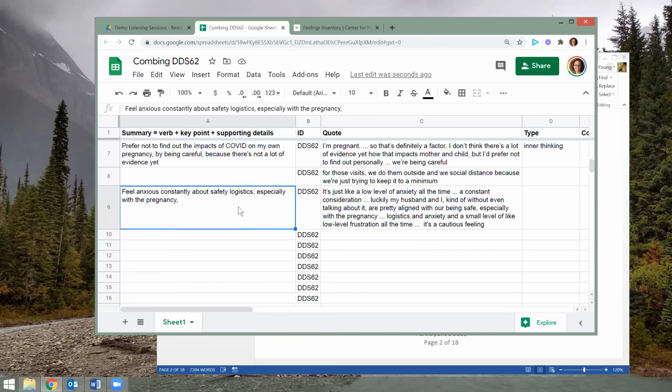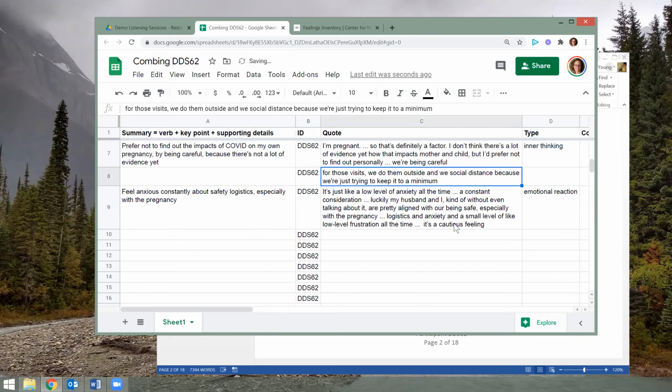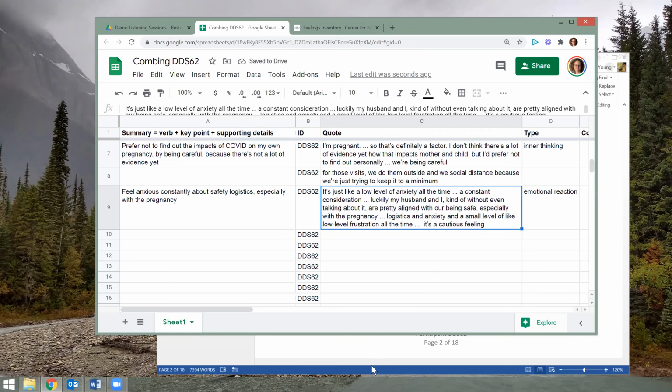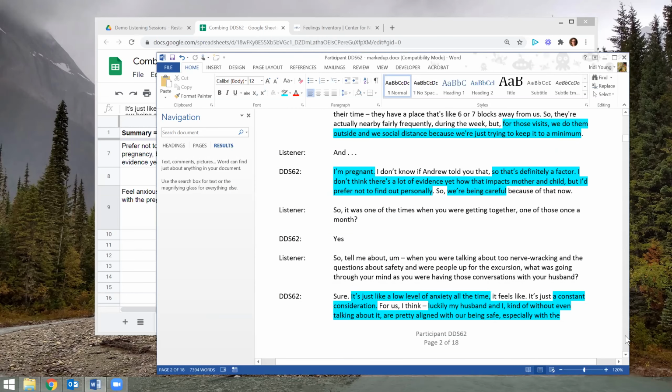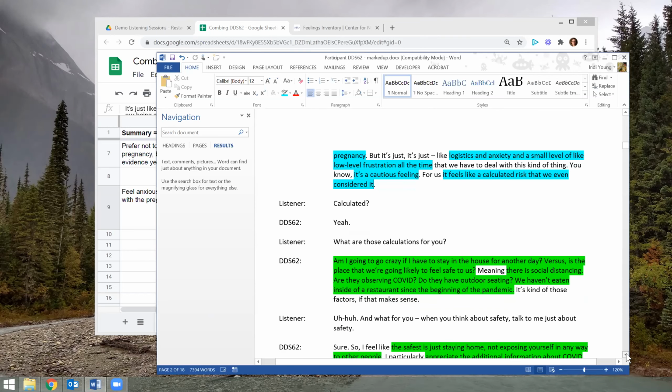So let's just leave it. Emotional reaction. We're leaving the husband and I being aligned, because I know it does come up later and it might get moved over there.